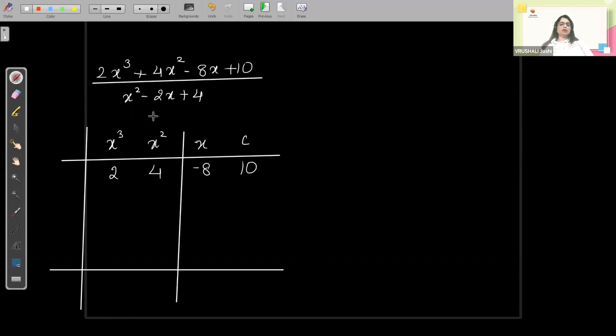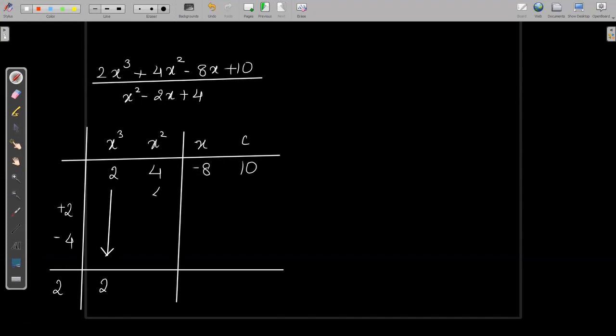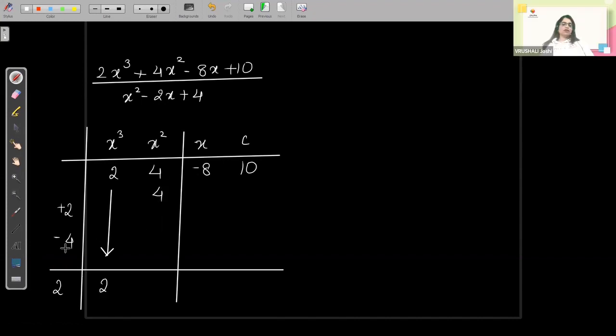And coefficient of x is minus 2, so you will write a plus 2, and the last constant is 4, so you will write a minus 4. Highest degree is 2 of the divisor and the first digit you will bring down as it is. Correct? Saras, are you getting it? Yes. So 2 twos, you get a 4 here, and 4 twos, you get a minus 8 here.